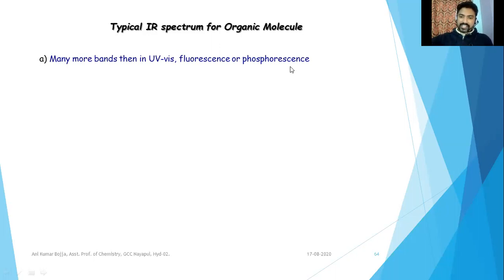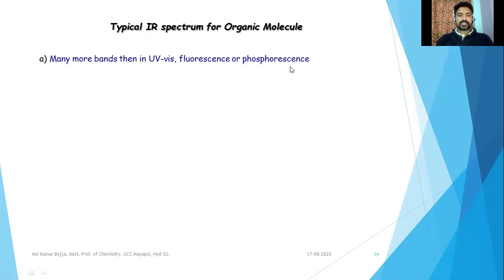From that triplet excited state, if the molecule undergoes deactivation to the singlet ground state energy level, during that deactivation process it releases its excess energy in the form of radiation. That process is called phosphorescence.